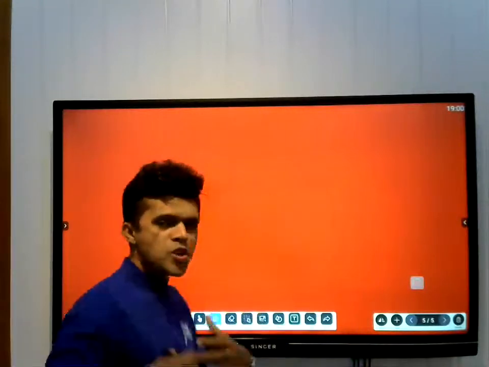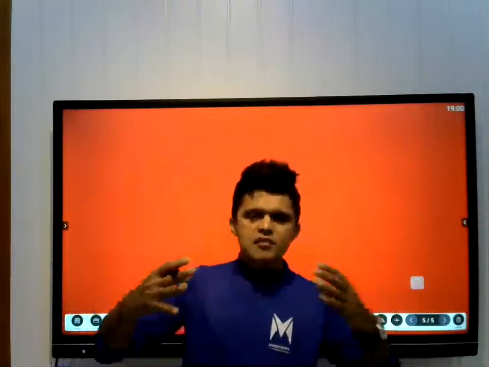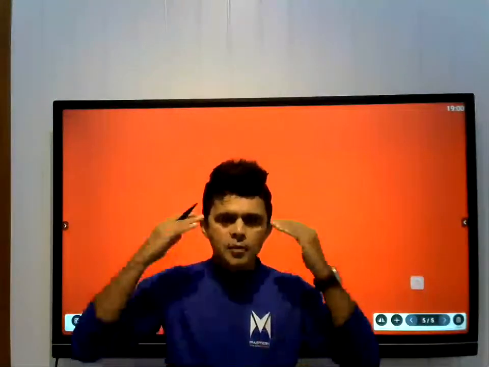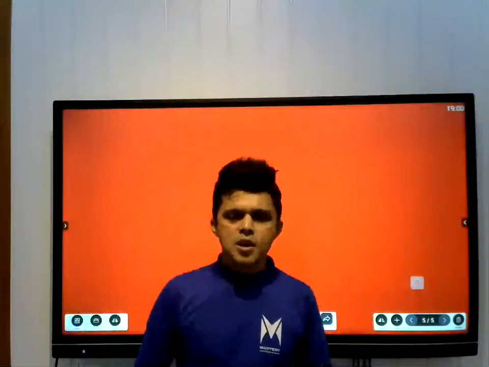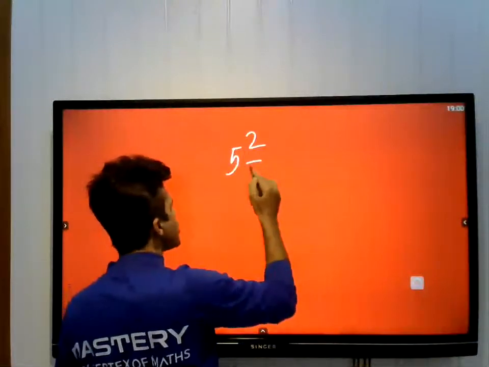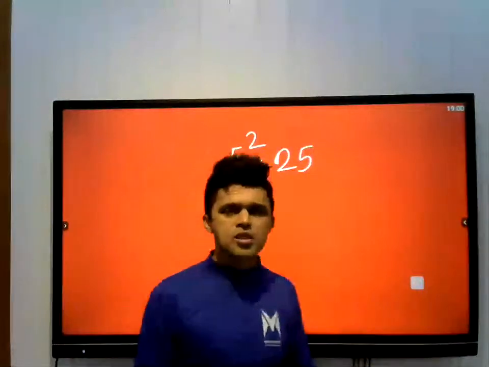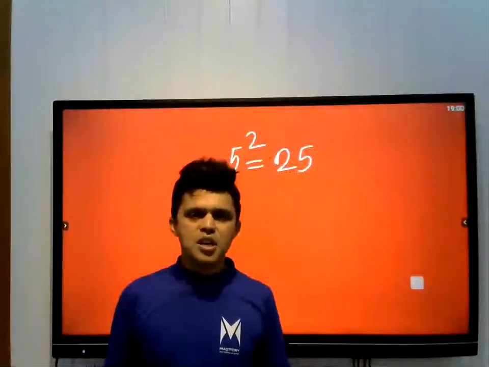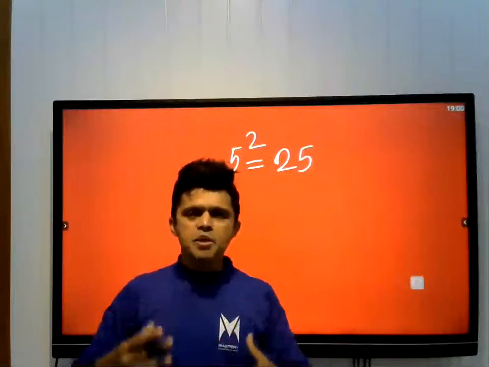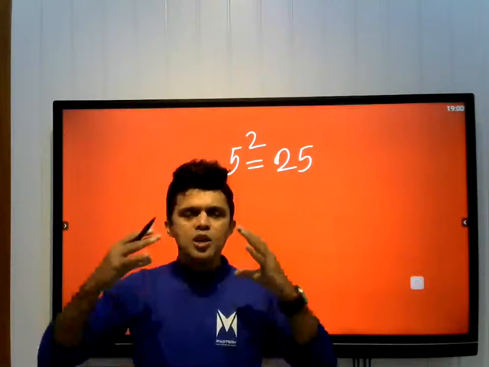To understand the concept of logarithms, you have to know about indices. So 5 to the power 2 equals 25, which means 5 times 5 is 25. This relation is given in the form of indices.